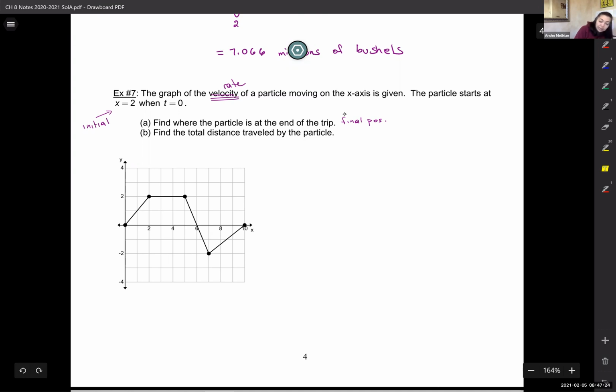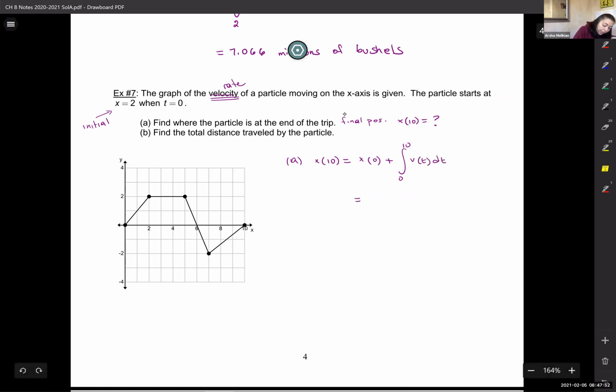If this runs to 10 seconds, we want x of 10. Okay, so we learned yesterday that final position is initial position plus how much change there was, and that's the integral from 0 to 10 of v of t dt.